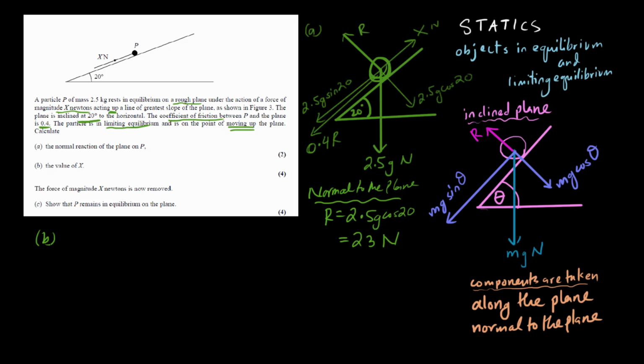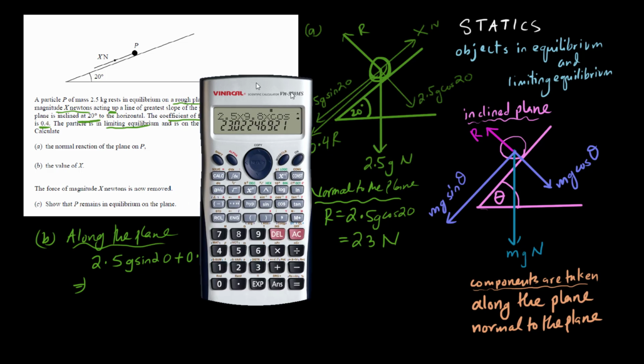So question number B, now we have to find the value of x. Now we have to take forces along the plane. So for taking forces along the plane, we know pulling it down the plane is 2.5 g sine 20 plus 0.4 R. The value of R we already know, 23 Newton. I'm plugging it in there, and this is equal to the force that is pulling it upwards, which is x. So now we can calculate the value of x.